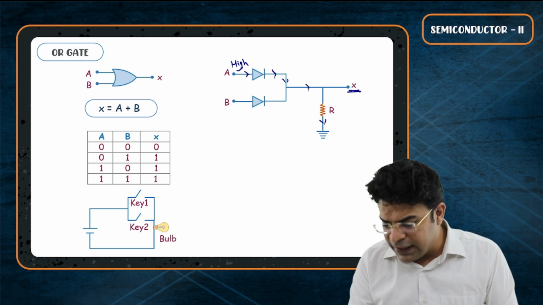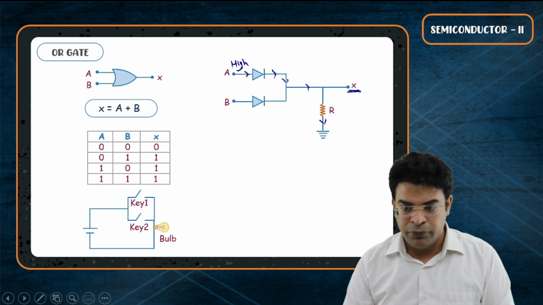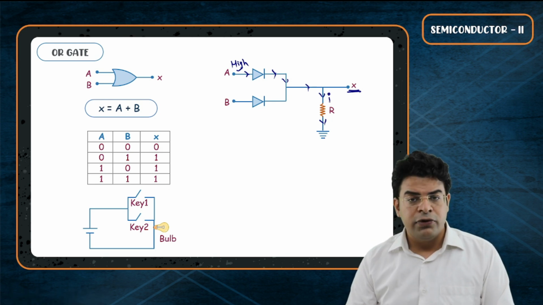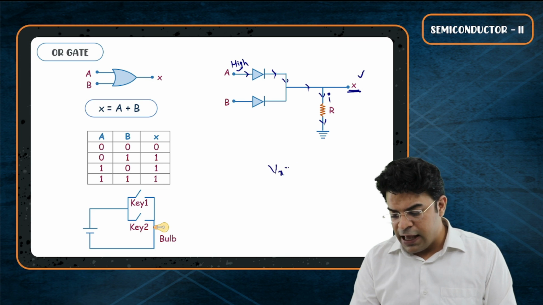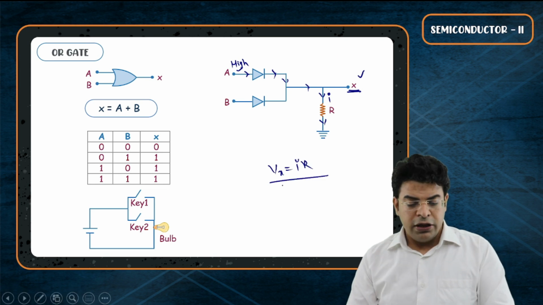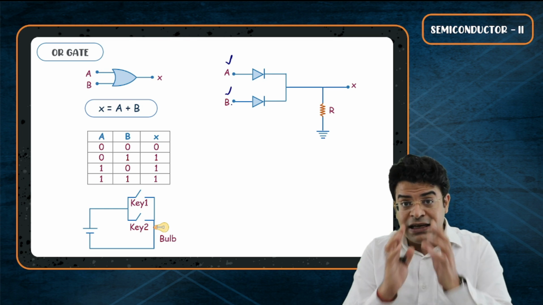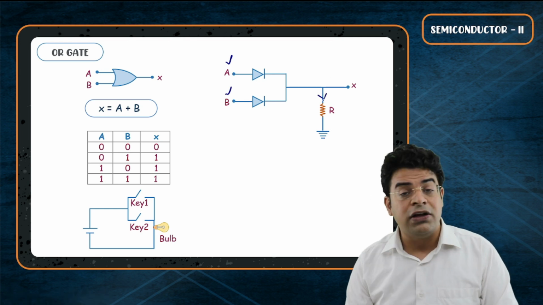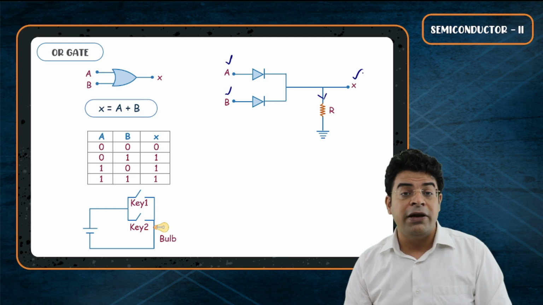And this point X will be at higher potential. If a current I flows here, then the potential of point X will be I into R. So if any one of A or B is at high potential, then the current will flow through the resistor and this point X will be at high potential.